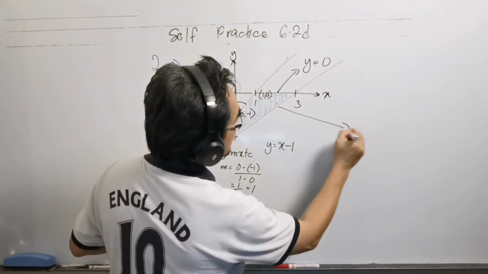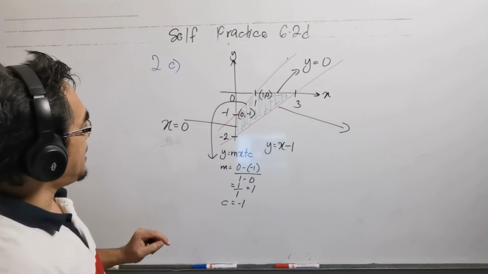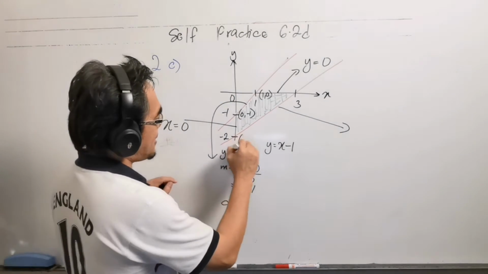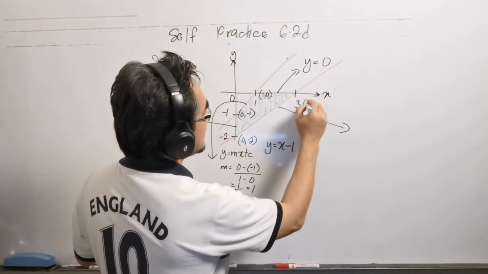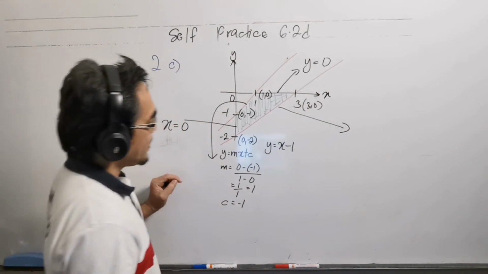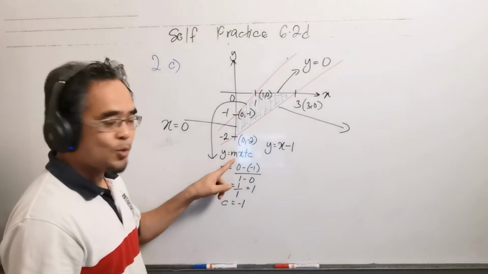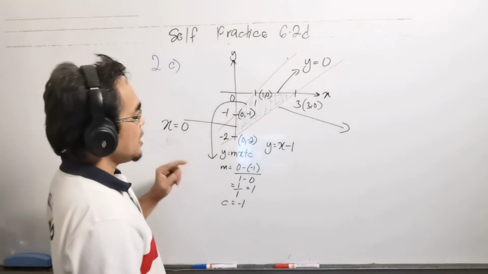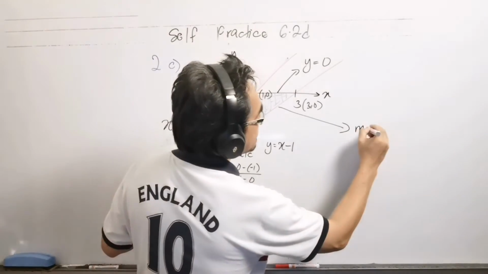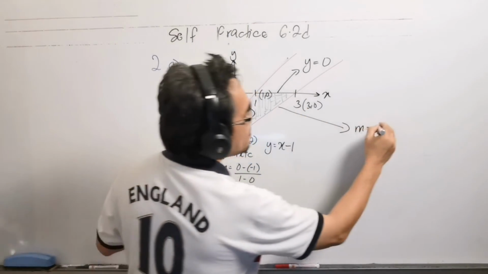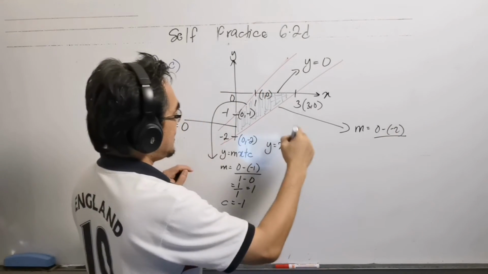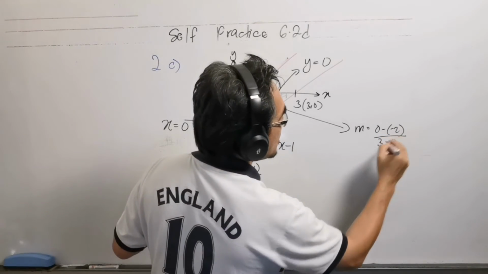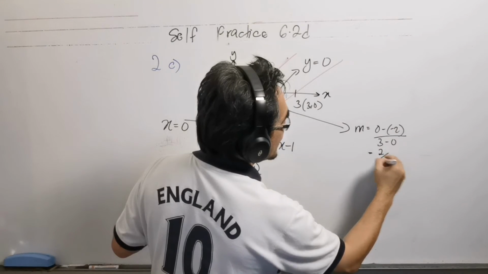And for this one, the coordinates are 0, -2 and 3, 0. This follows y equals mx plus c also. So the gradient is 0 minus -2 over 3 minus 0, so it becomes 2 over 3.